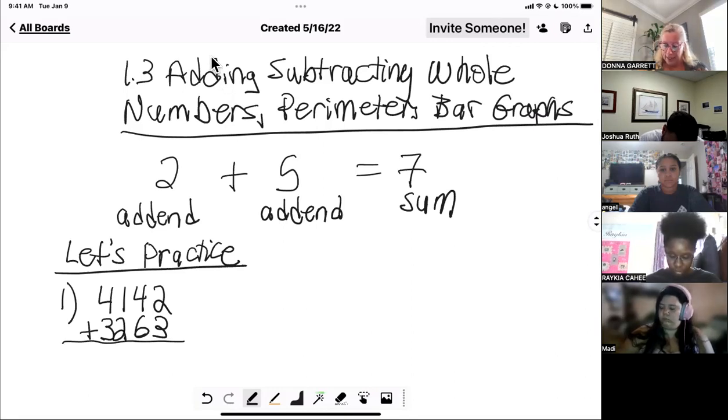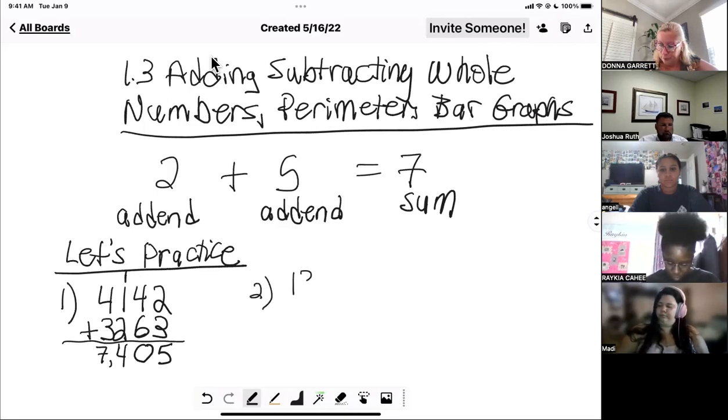When you add, you're going to add down. So 2 plus 3 is 5. 4 plus 6, that's 10. That means I put a 0 and I carry the 1. 1 plus 1 is 2, plus 2 is 4, and 4 plus 3 is 7. Now, like we talked about last time, you can put the 7 comma, or you can do it out. Either is fine.